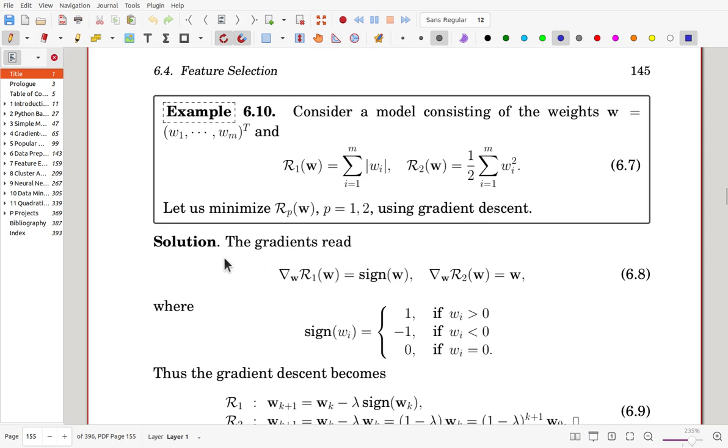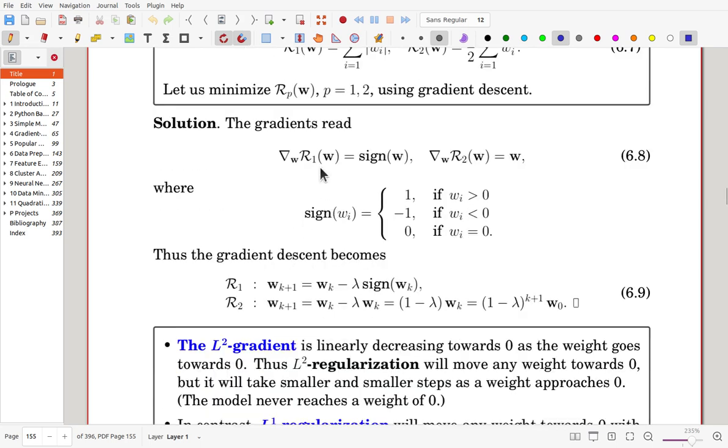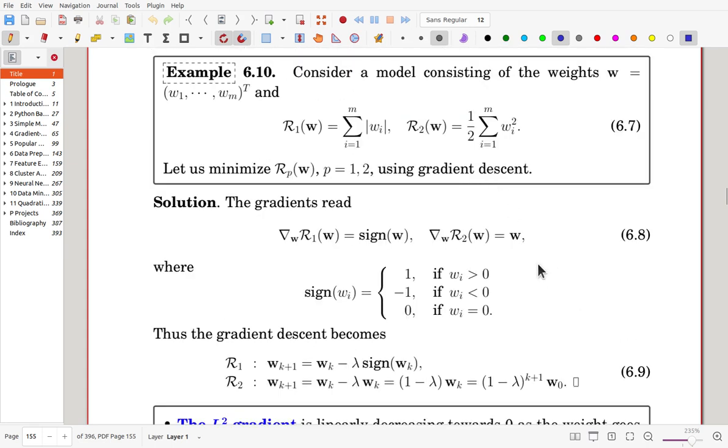Then we apply the gradient descent method. For R1, the gradient is sign of W. That means if the weight is positive, the derivative will be 1. If the weight is negative, the derivative will be minus 1. And once it is 0, then 0. For R2, the gradient is definitely W.